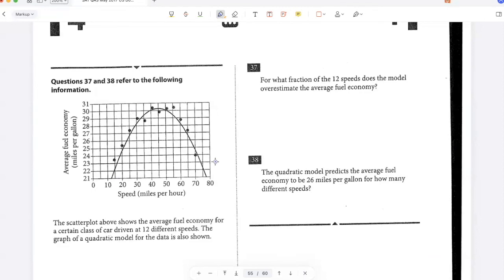So the model overestimates would mean that the model gives a value which is greater than the actual value, right? So that means that the model is above the actual value. So I'll count the points which are below the model, right? So 1, 2, and 3. So there are 3 points below the model. So what fraction? 3 by 12. So that's 1 by 4.